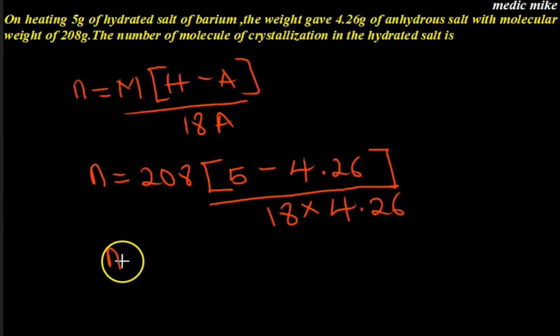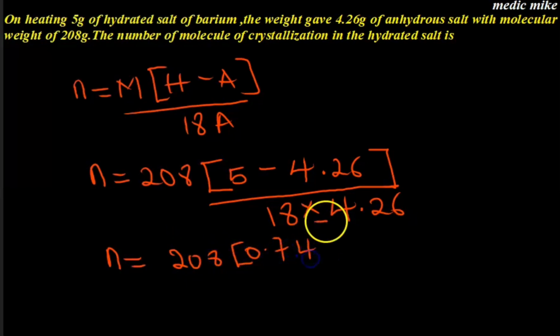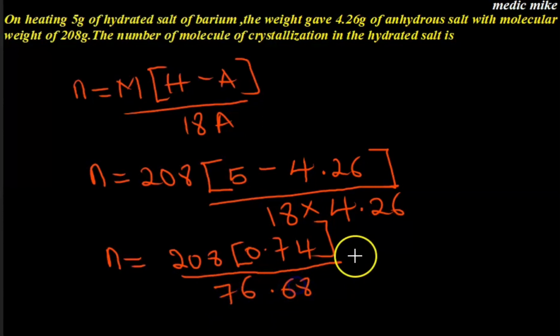So when we subtract and multiply, we'll be having 208 (0.74) divided by 18 times 4.26 will give us 76.68, and when we punch all that together we'll be getting 2.